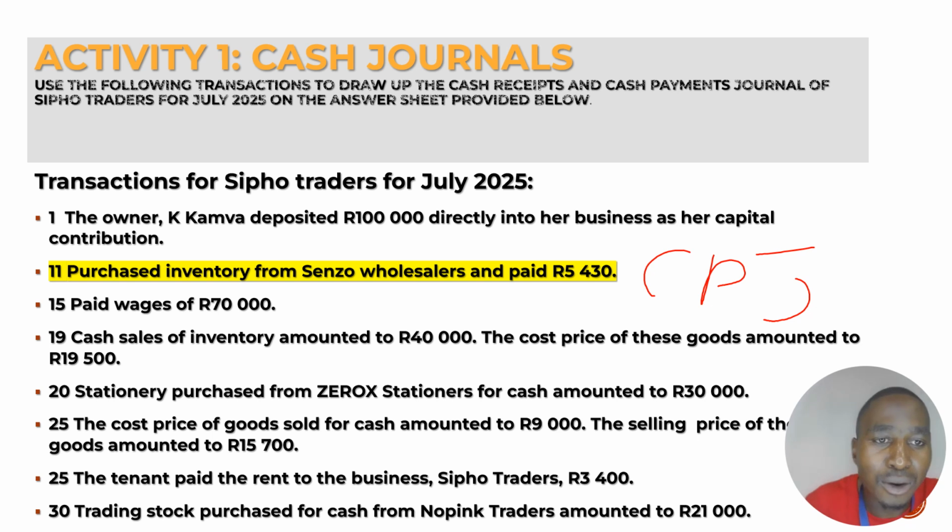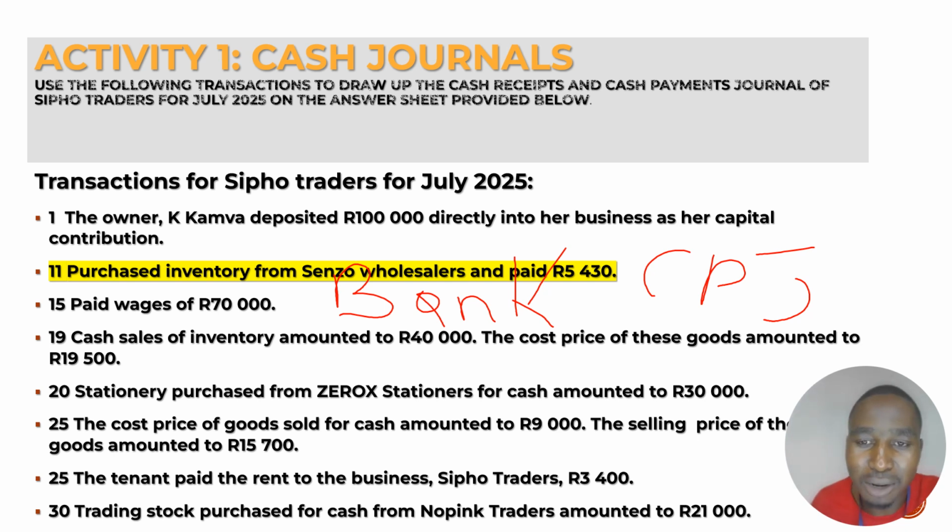All right. Now, the second question to ask yourself: which accounts are affected by that transaction? Bank is always affected. So the first account affected is bank because we paid that money. We paid for inventory. We paid to Senzo Wholesalers.